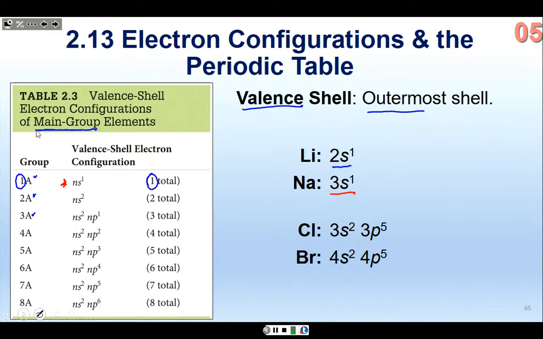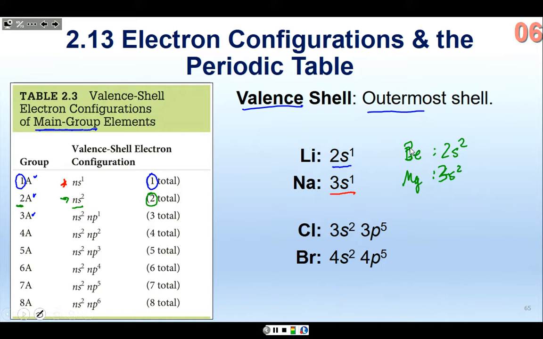Group 2A would be things like beryllium, which ends with 2s2, or the one below beryllium is magnesium, which is going to end with 3s2. Anything in group 2A is always going to end with some outer shell and 2 electrons. So group 2A has 2 outer electrons. It becomes very orderly when we see that.